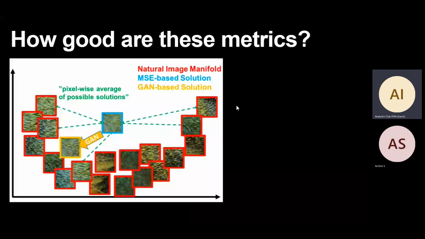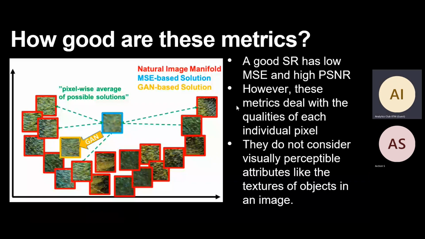When your network simply tries to reduce the MSE, the best way is to go towards the average of these pixels, right? Because then you would bring down the net mean squared error. So you would get something that looks like the blue pixel, but you would actually want some of those textures and features that you find in a high resolution image. That's why we use a GAN.